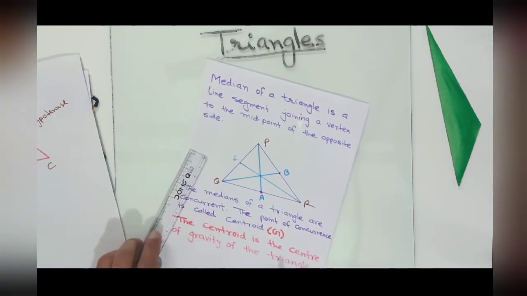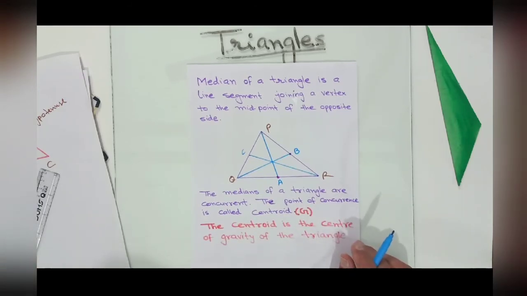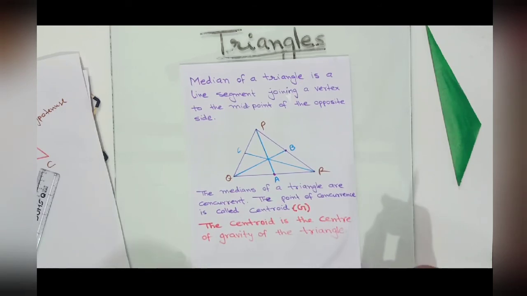Here we also observe that all the three medians of the triangle are concurrent. Concurrent means lines, more than two, which pass through the same point.